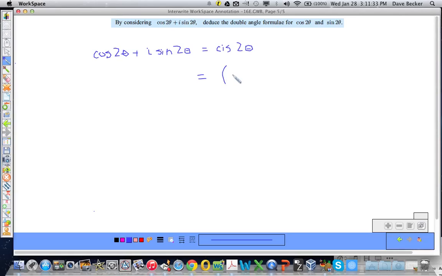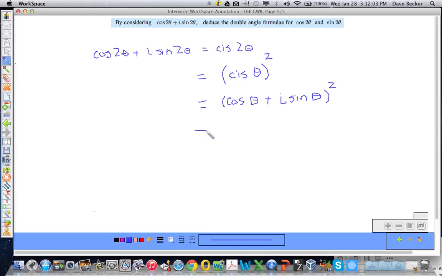That is equal to cis of theta squared, is it not? Which is equal to cosine theta plus i sine theta squared.